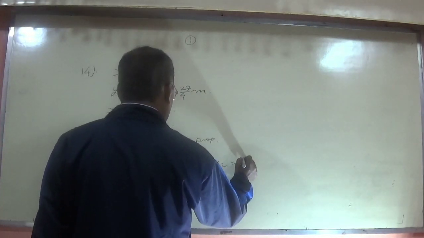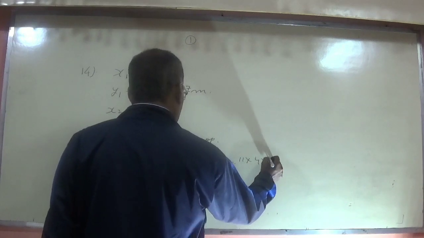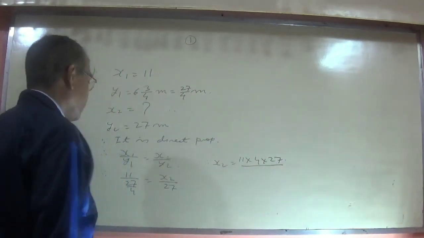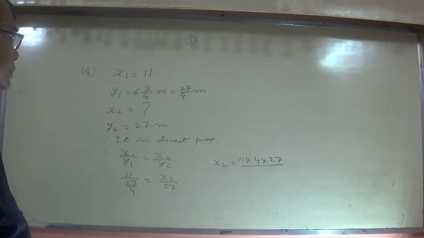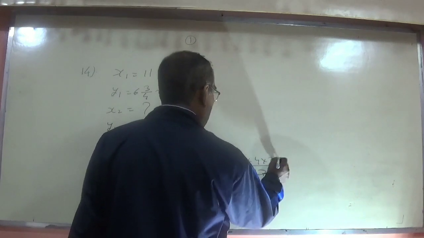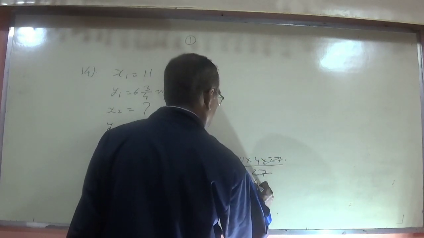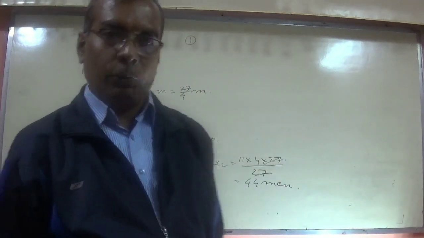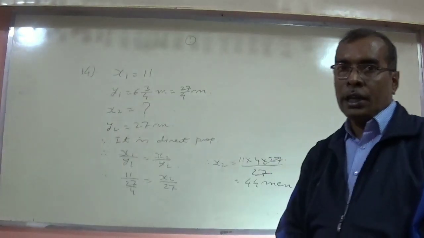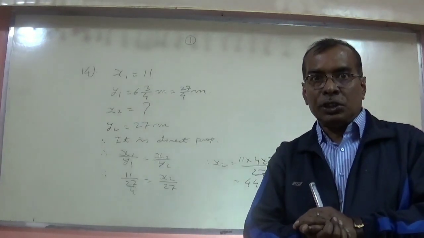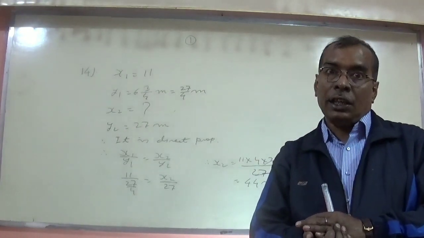So x2 is equal to 11 into 4 into 27 by 27, which is equal to 44 men required to complete the work. Okay, so this is about direct proportion, and this much is sufficient for today. Next day, inverse variations.